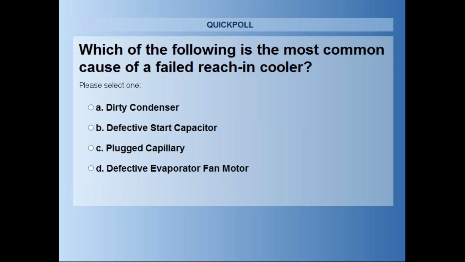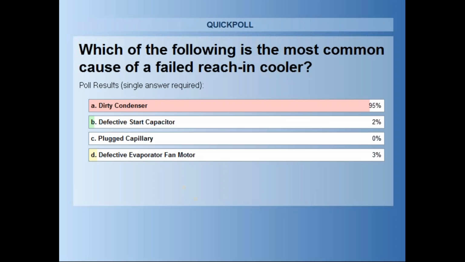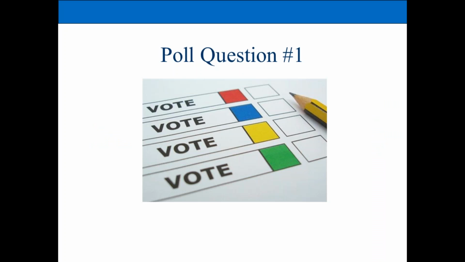We'll leave it open just a few seconds longer so people can finalize casting their votes, and then we'll share the results along with the correct answer. All right, it looks like most people have done that, so we'll go ahead and close it. The correct answer is A, dirty condenser, and 95% of the people answered that correctly. Perfect. Back to you.